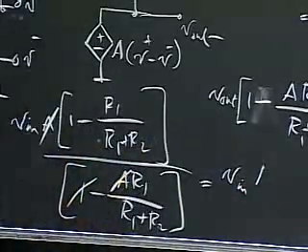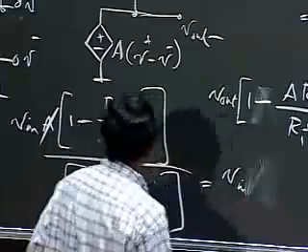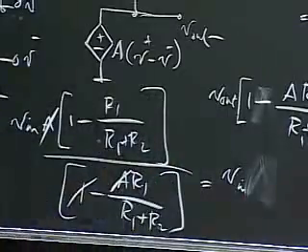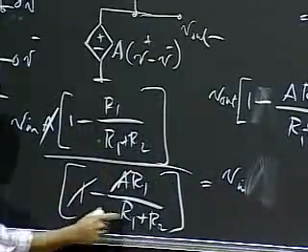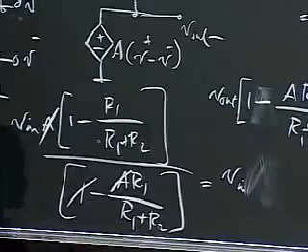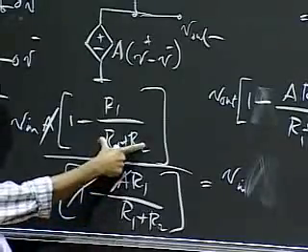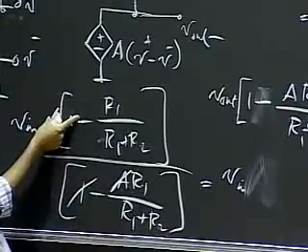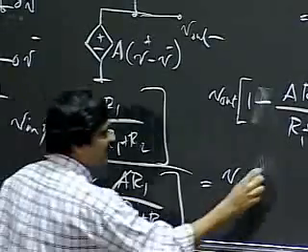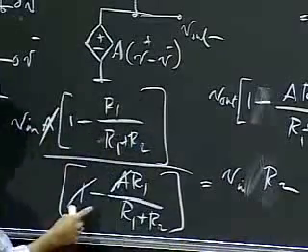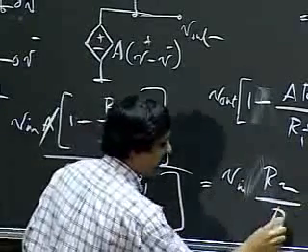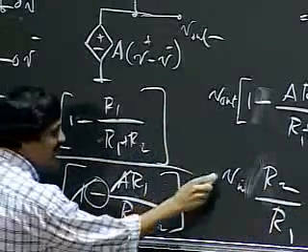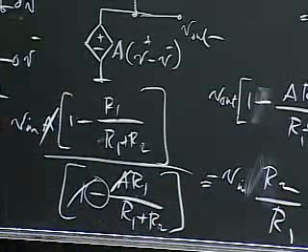This A and this A will then cancel out. So this R1 plus R2 vanishes. I get R1 plus R2 here. R1 plus R2 minus R1 is simply R2. And then down here, I get a R1, and then I have a minus sign out there.